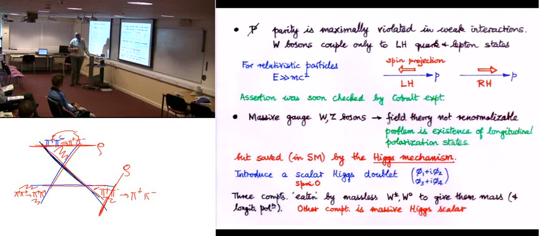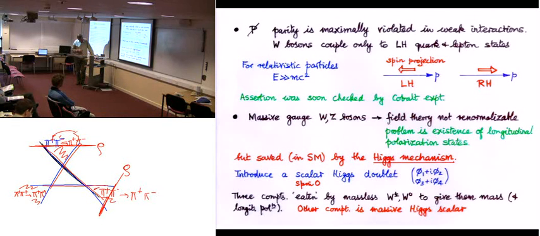For relativistic particles, left-handed is spin direction opposite the direction of motion. Right-handed is in the direction of motion. That's only true for very high energies or for massless particles, because you can overtake that and change the spin direction. Now, this assertion, which is really staggering, was soon checked. It could have been checked any time, but nobody thought of checking left-right symmetry. But it was checked within 6 months and found that this was actually true.